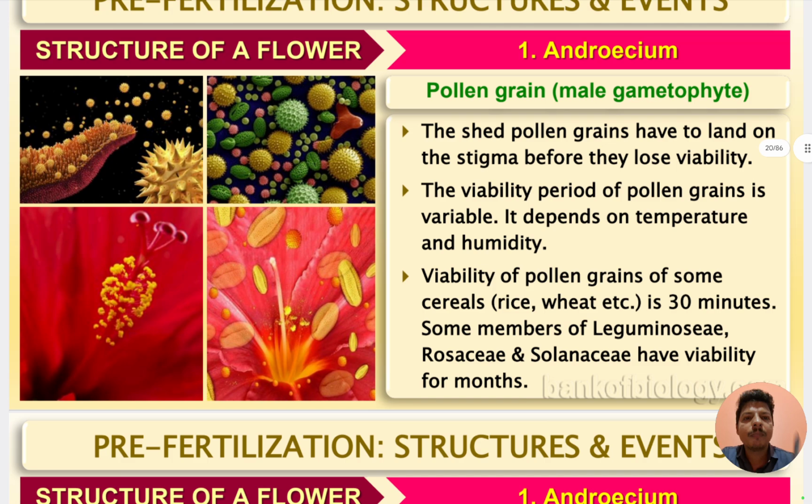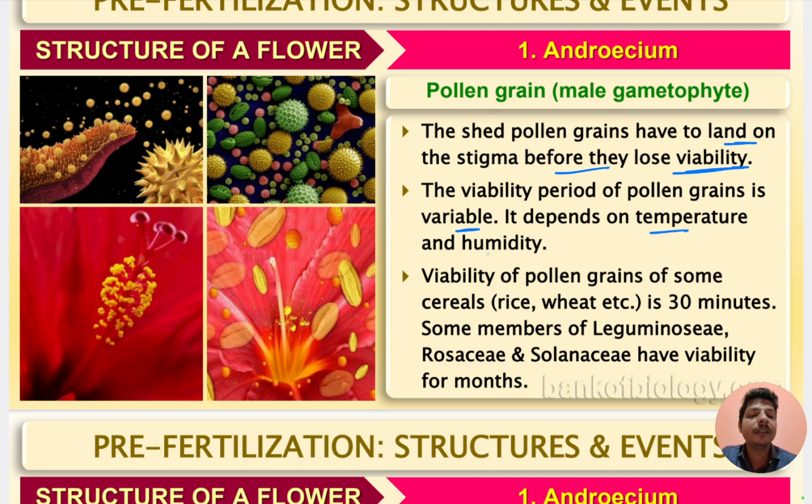Remember, the shed pollen grain has to land on the stigma before it loses viability. Viability means their surviving power. Obviously, they are living, so they have to land on the stigma before they lose their viability. The viability period of pollen grain varies from plant to plant.